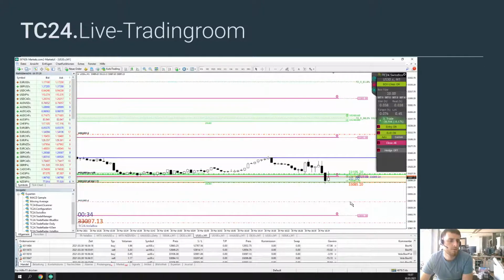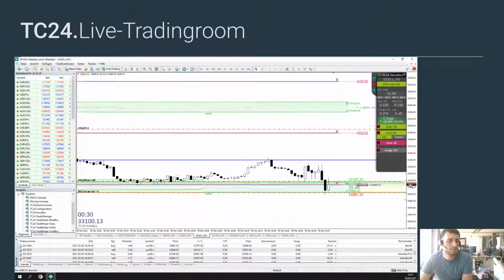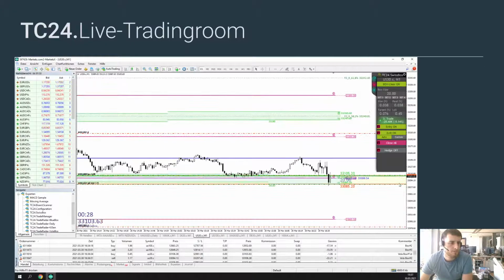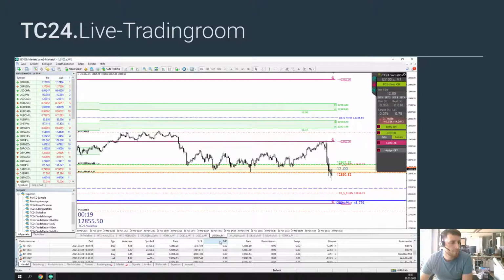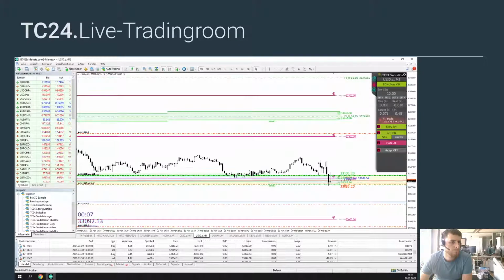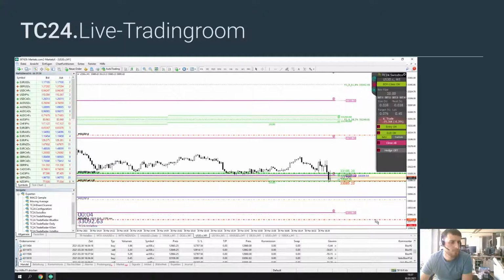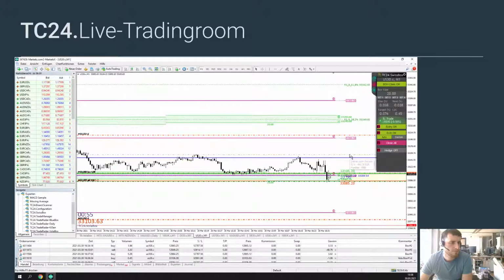Can always move those stop losses in preparation. So trade in, move that slightly there. Fifth trade in on the Dow Jones.